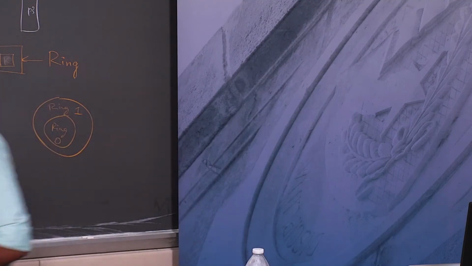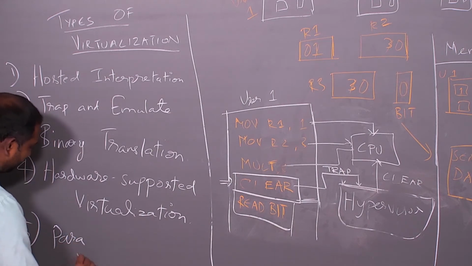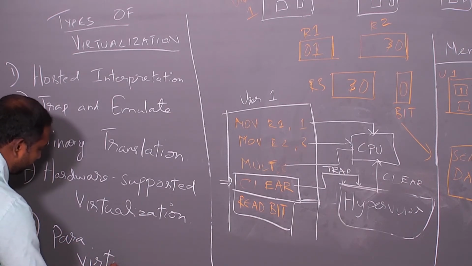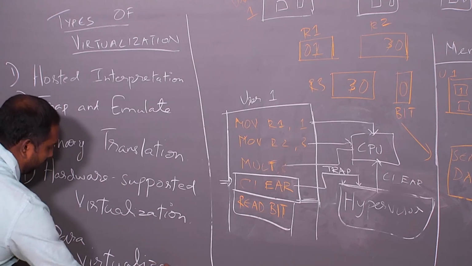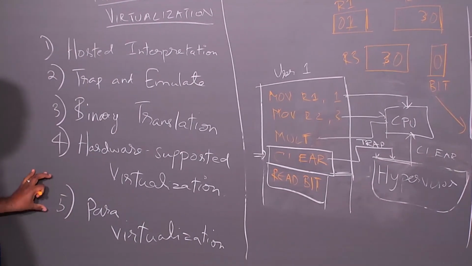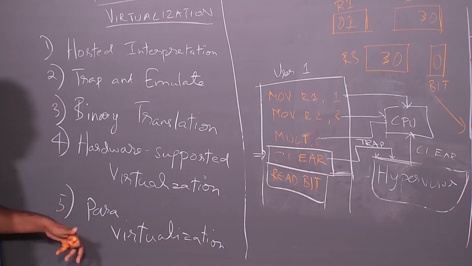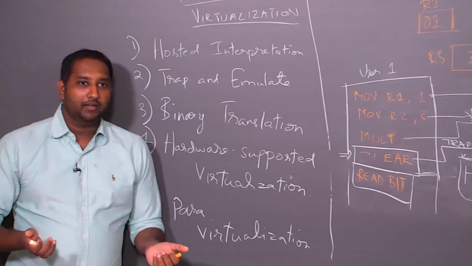So one final thing, right? So we also have para virtualization. So this was an idea that came before hardware supported virtualization, okay? And the idea is basically what someone in class had, right?